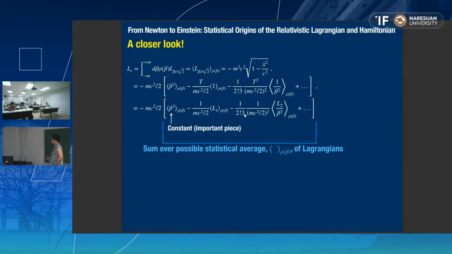Now we take a closer look here. What we did is, if you expand things in this way and put them into the bracket, you can see that what we get is a sum over possible statistical averages of the Lagrangians in the hierarchy.